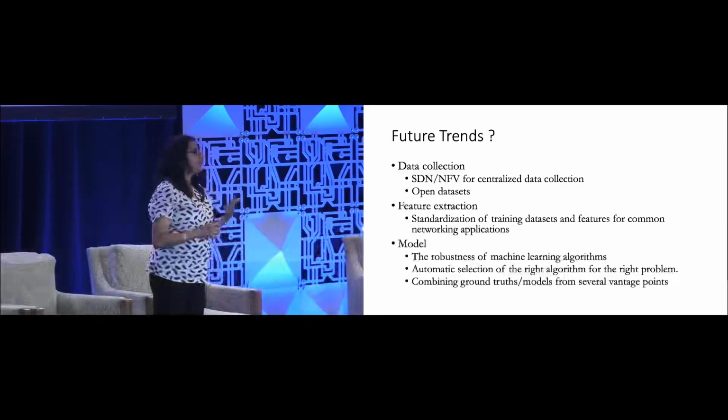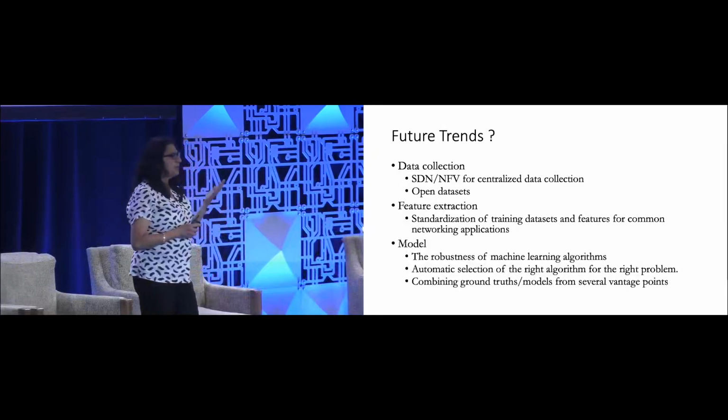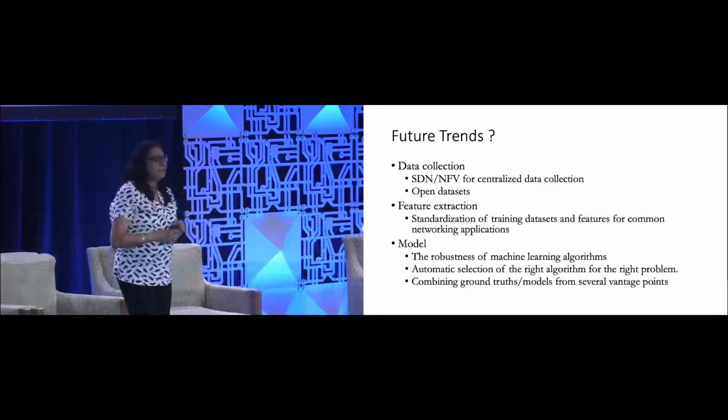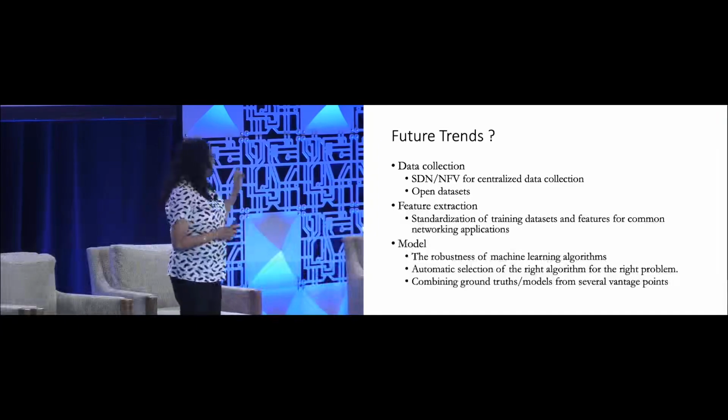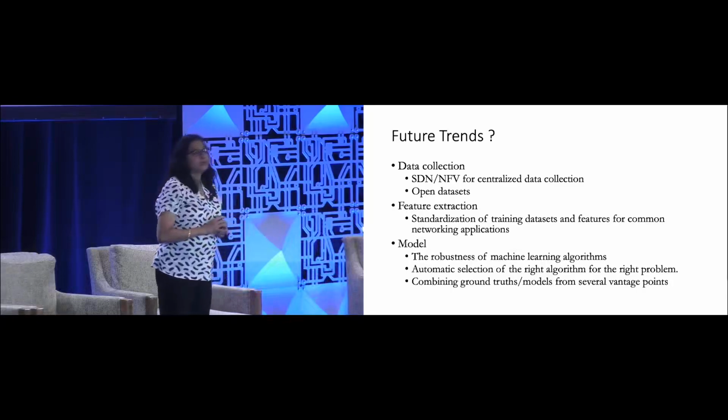I know there are AutoML frameworks that Google has and some other things, but again, they all work for maybe more simplified data sets, not the complex data sets we have in networking. Again, combining ground truths and models from different vantage points means taking different networks, standardizing them, and seeing what it means across multiple networks.